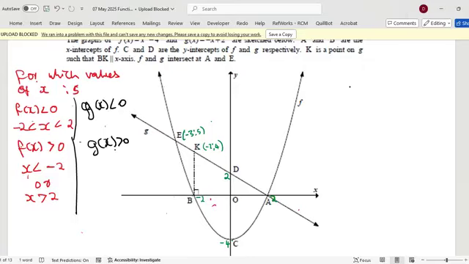Now, what about whereby we're saying f of x multiplied by g of x greater than 0 or less than 0?